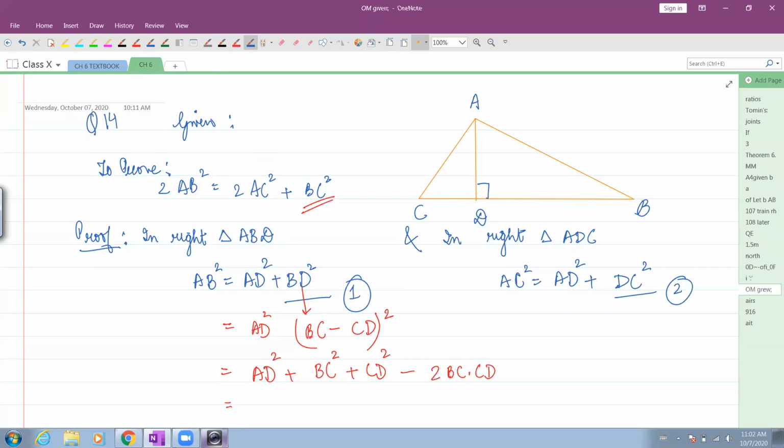At this point, I want you to observe these two terms. And what will be the value from equation number 2?